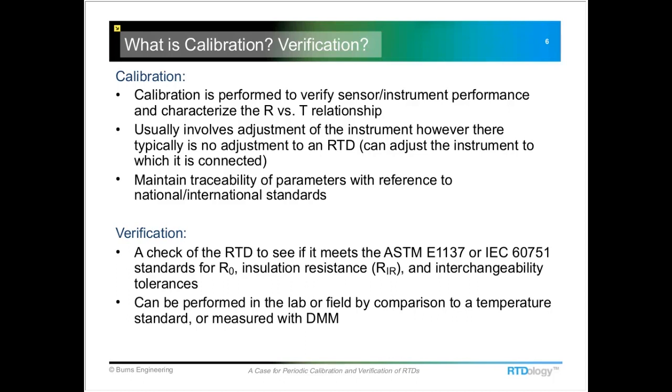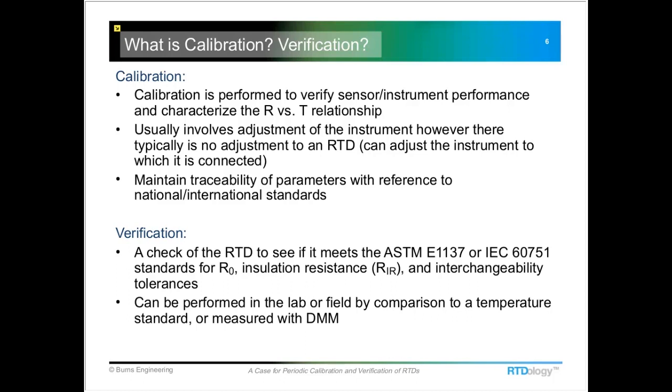Using that information, we can plug that into a series of equations and define the resistance versus temperature output over that temperature range. On the other hand, a verification is just a test to make sure that the temperature probe still meets the interchangeability requirements of when it was manufactured. A couple of the standards that are used are ASTM E1137 and the IEC international standard 60751.